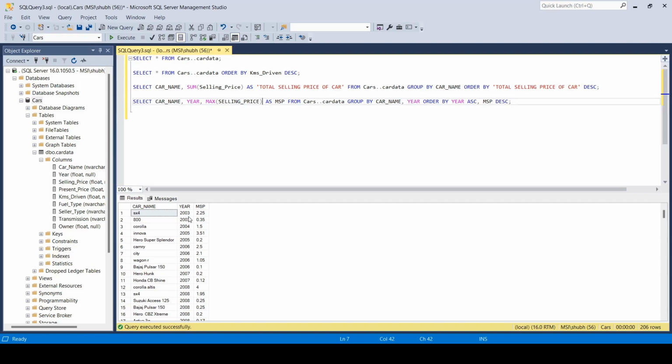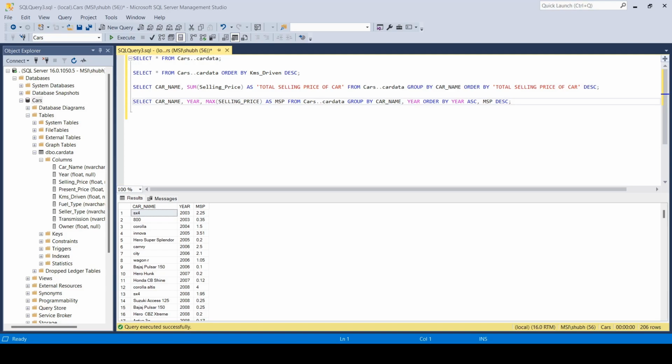So in 2003, and we have ordered by year ascendingly, we will see all the cars which were sold in the year, and it is ordered by maximum of selling price, which will be descendingly. So SX4 gave more returns than 800, and only two cars were sold in 2003. And similar way other data.